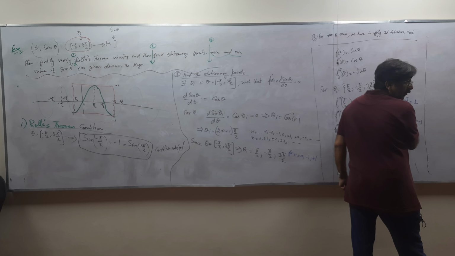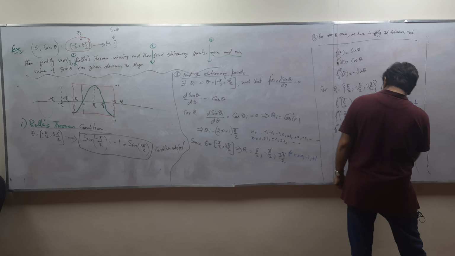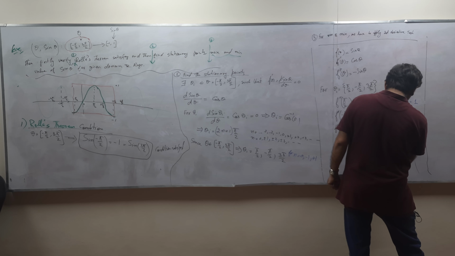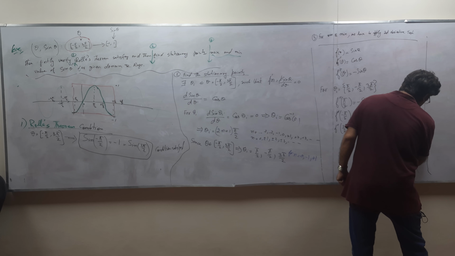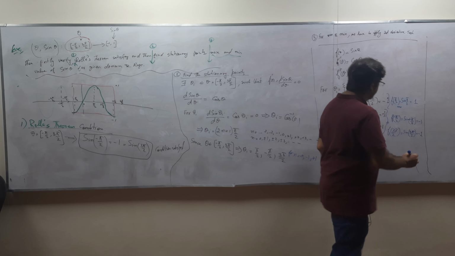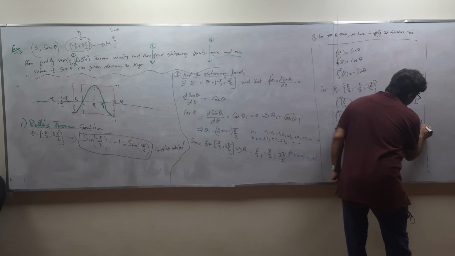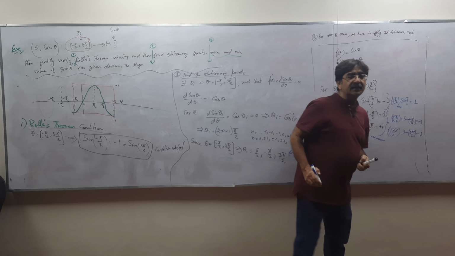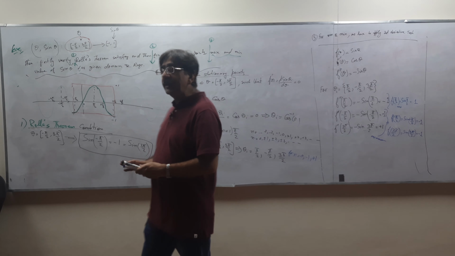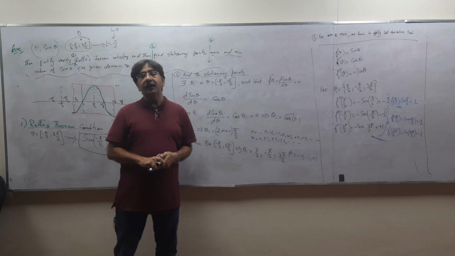This is also a minimum value, and f 3 pi by 2, that is sine 3 pi by 2, that is also minus 1. From here you can also verify that 1 is the maximum value and minus 1 is the minimum value. So, this is a way to find the maximum and minimum value.